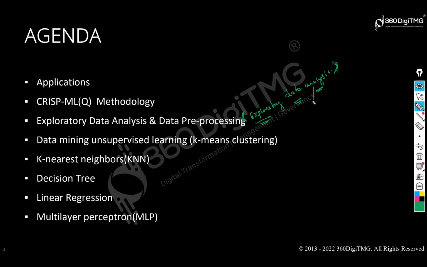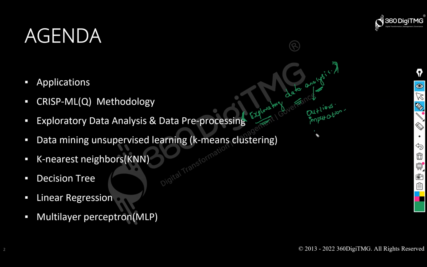What are the analyses you will follow? Outlier treatment: if your data has some outliers, you need to do outlier treatment. Imputation: when we have some missing values or null values, then we will do the imputation process.